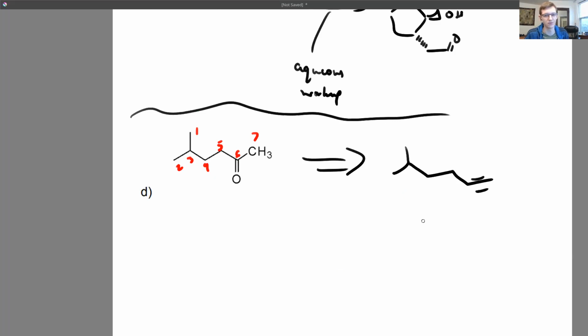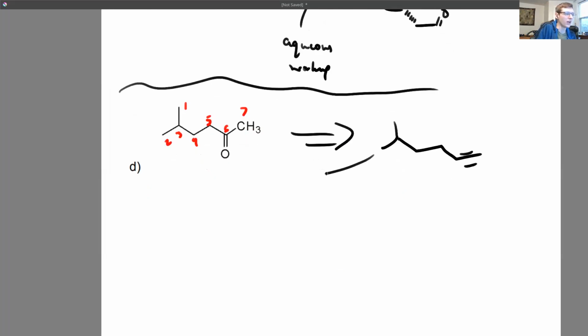So we'll stick with that. Anyway, how do we do this? HgSO4, H2SO4. Remember, when there's a triple bond, it just happens in one step. No need to reduce with sodium borohydride. So this is it.